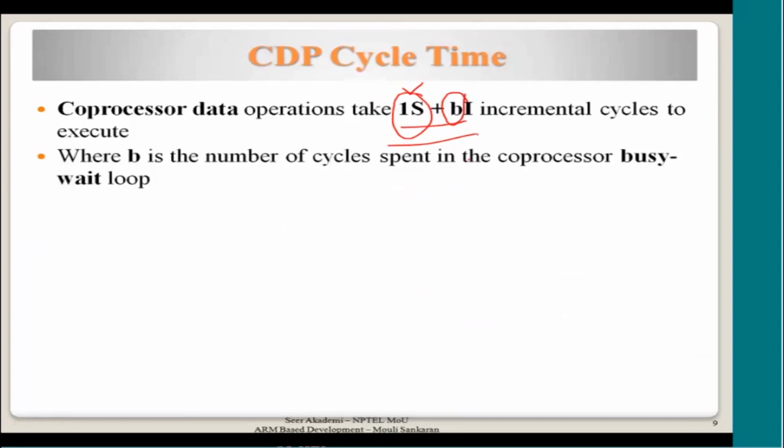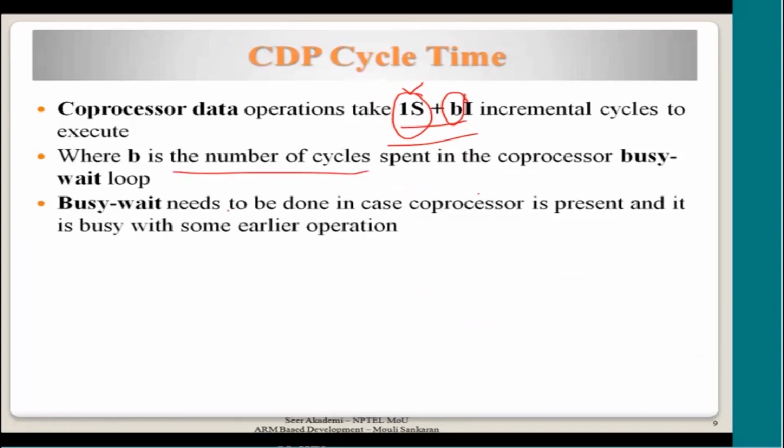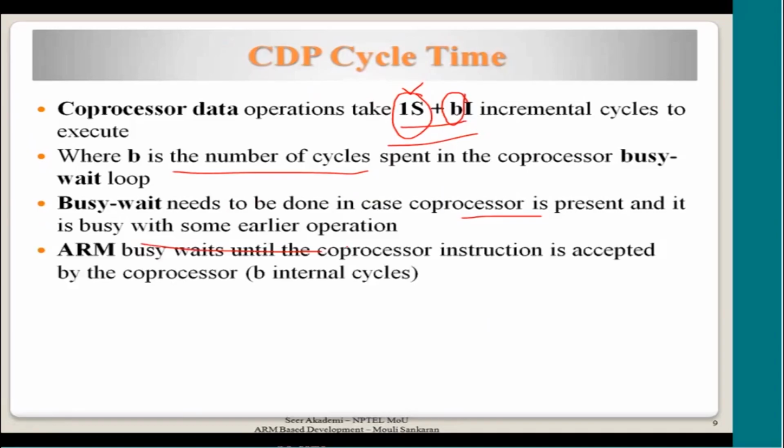So B is the number of cycles spent in the coprocessor busy wait loop. Busy wait needs to be done in case the coprocessor is present and is busy with some earlier operation. I think this is clear to you. ARM busy waits until the coprocessor instruction is accepted by the coprocessor. That is why that many internal cycles are spent. I hope this is clear to you.